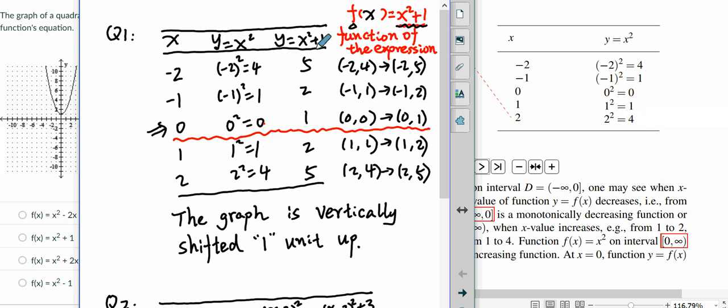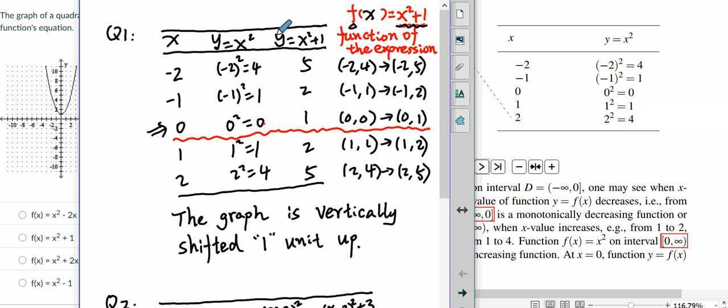Now you add 1 here: 5, 2, 1, 2, 5. So this expression will shift the original graph 1 unit up. So we should basically choose this expression. So here will be the second choice.